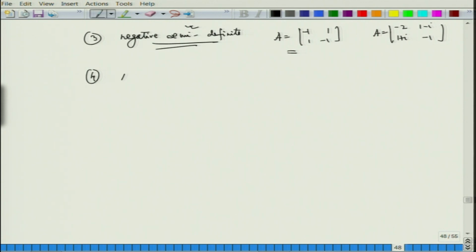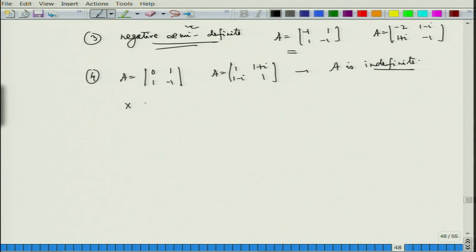Fine. A, which is 0, 1, 1 minus 1, or if I take A as 1, 1 plus I, 1 minus I, 1, all right, then this A is indefinite. All right. So let's check this part. So x, y, 0, 1, 1 minus 1 times x, y.